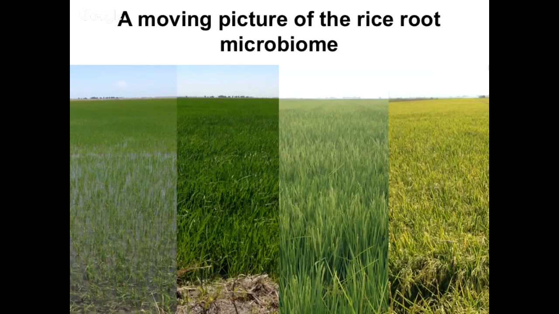So these have all been what you call a cross-sectional study, or just a snapshot of these different factors of variation that we can explain with the data. But now I want to start talking more about how the microbial communities change over time over the life cycle of a rice plant.